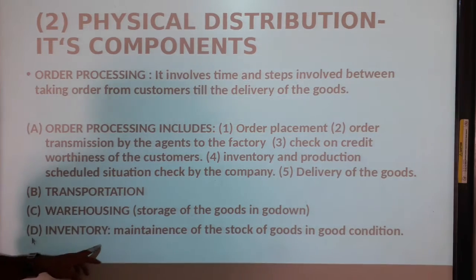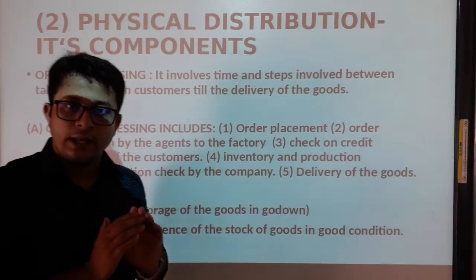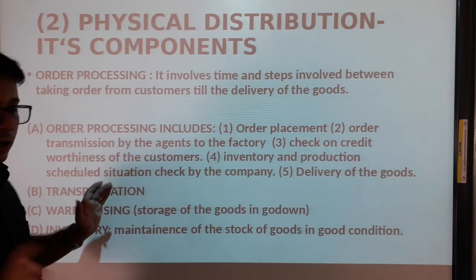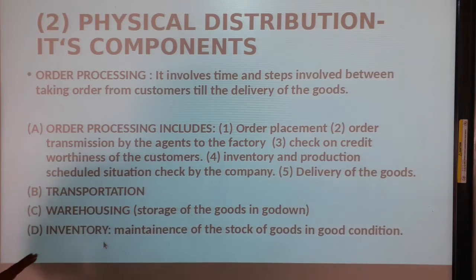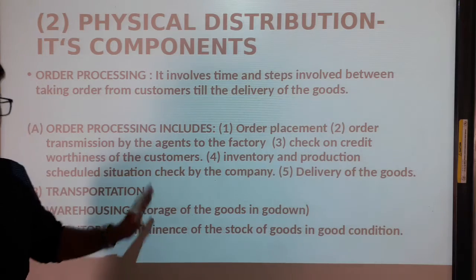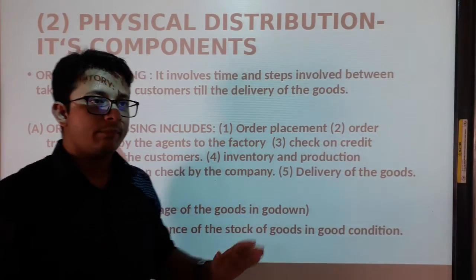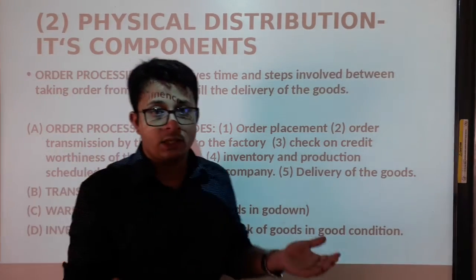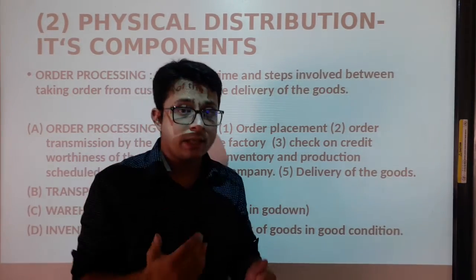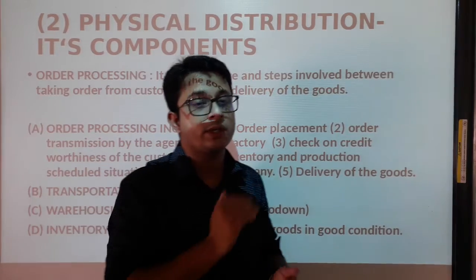And next is your inventory. Inventory is also a larger concept. For the syllabus of class 12, we will be confining our inventory to various inventory management activities, like storing of the goods in the godown. At that time, there can be certain destruction in godowns. There can be certain damages that can happen to the goods while storing in the godown.